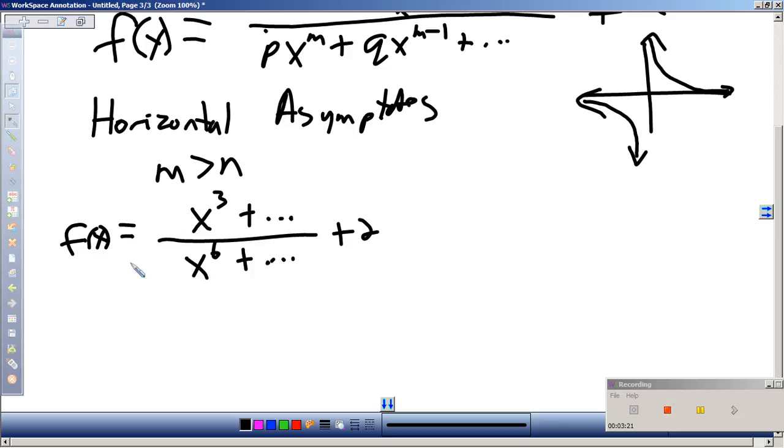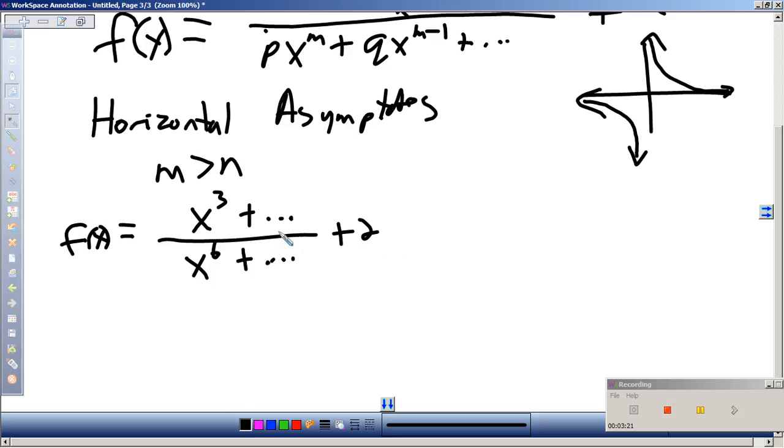If you look at just this part right here, you're plugging in a really big number for x. What's going to happen to this? 0, good, yeah. You have a million to the third divided by a million to the sixth. You get 1 over a trillion quadrillion, something like that. Basically 0. So you add 2, and what do you get?